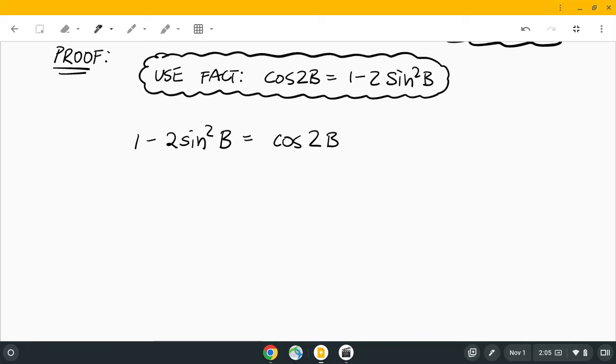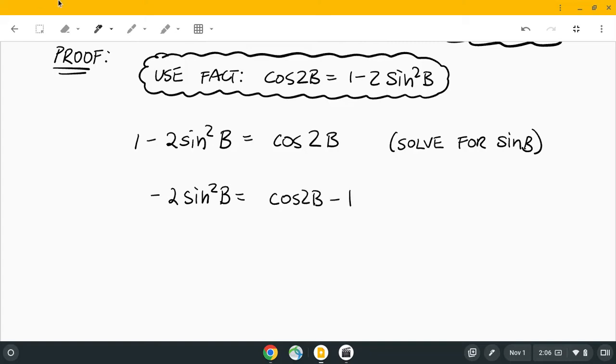What I'm going to do here is solve for sine b. I'm going to subtract 1 on both sides because I want to get this sine squared b by itself and then eventually just the sine b. That will give me negative 2 sine squared b equals cosine 2b minus 1.